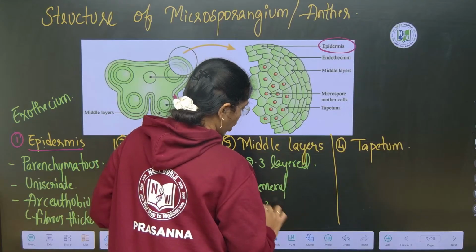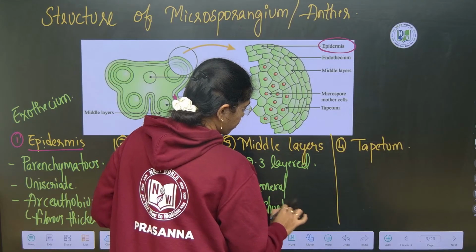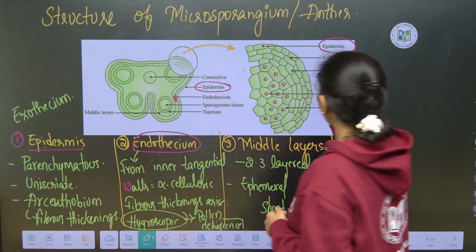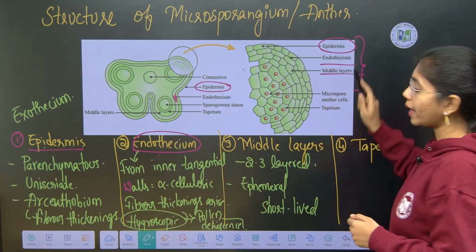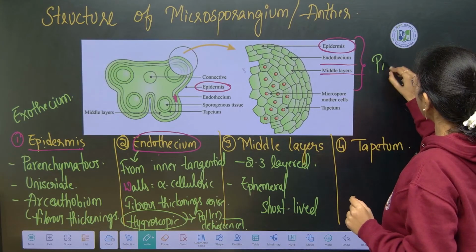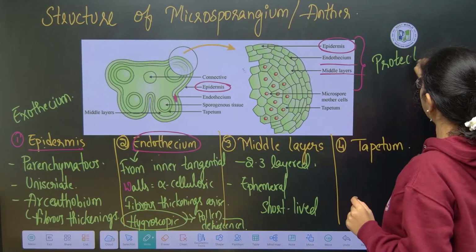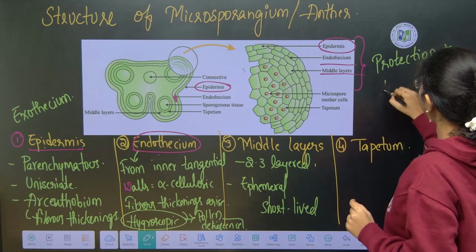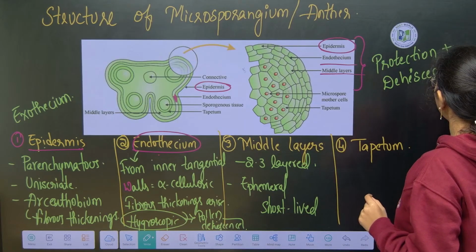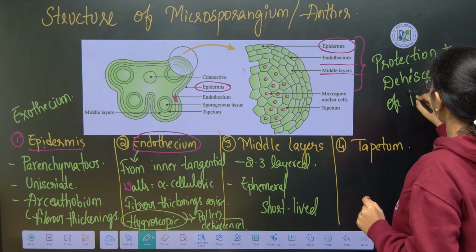So, epidermis, endothecium and middle layers put together have a single function, that is protection and dehiscence of pollen grains.